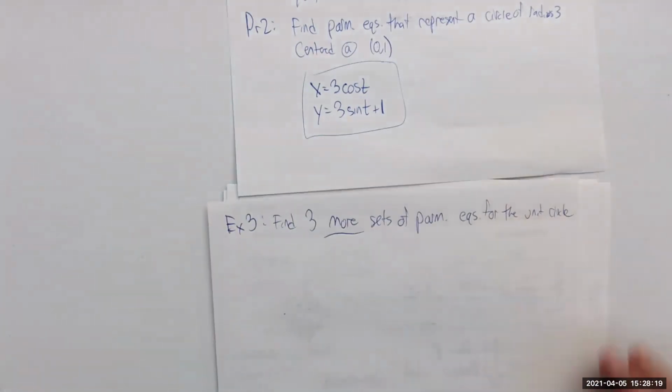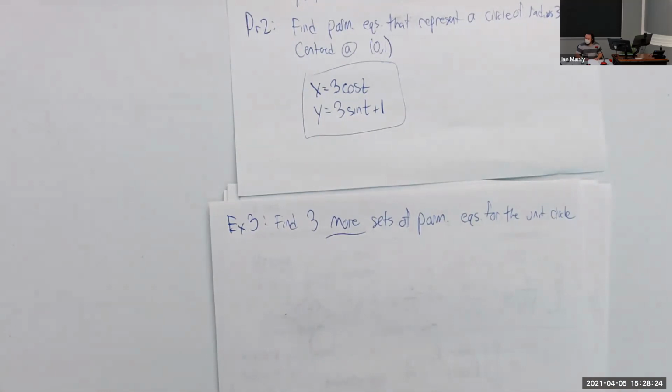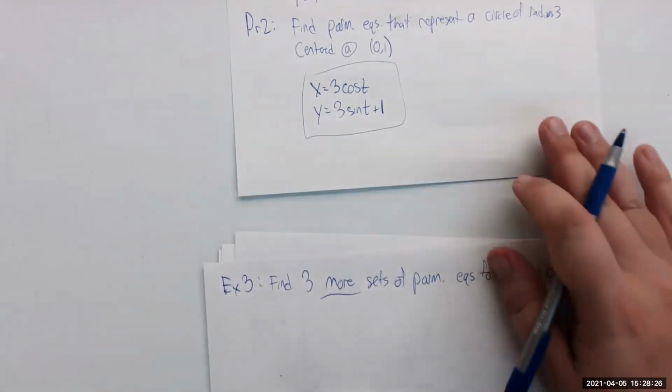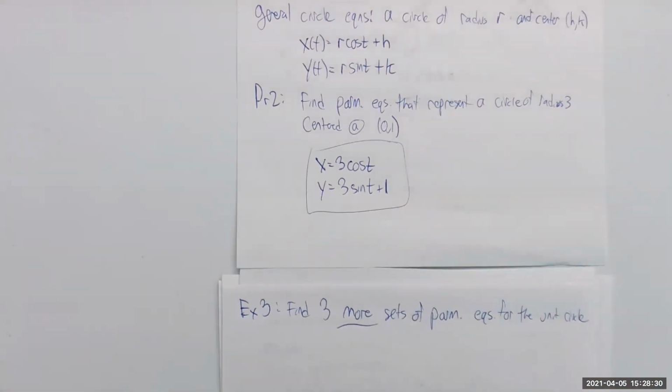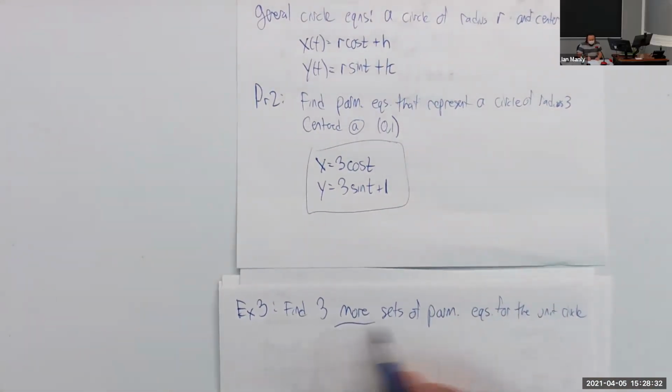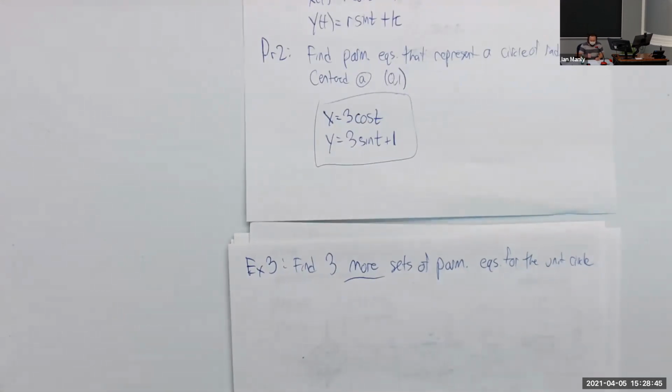Professor, do you mind going up this a little bit, please? Can you just show the general circle equation one more time, please? Yeah, it's right there. All right. So I want to find 3 more sets of parametric equations for the circle right here. So I can't use cosine and sine. I already used those earlier. So I need to find out some different ones.